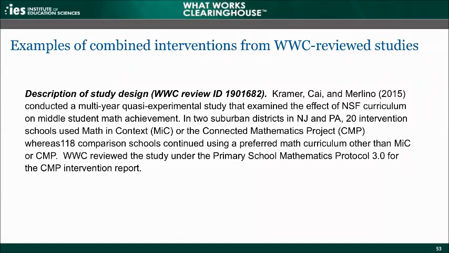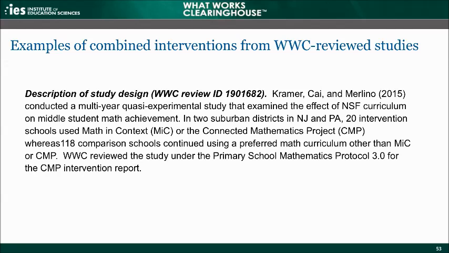In this particular scenario, Kramer, Kai, and Merlino conducted a multi-year quasi-experimental study to examine the effects of NSF curriculum on middle school math achievement. In 2 suburban districts in New Jersey and Pennsylvania, 20 intervention schools used Math in Context or the Connected Mathematics Program, whereas 118 comparison schools continued using a preferred math curriculum other than MIC or CMP.